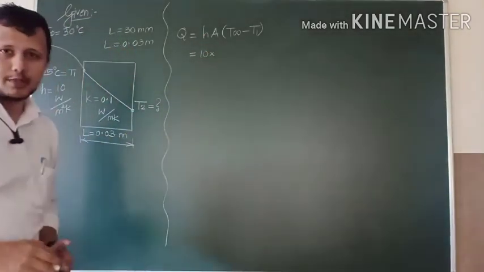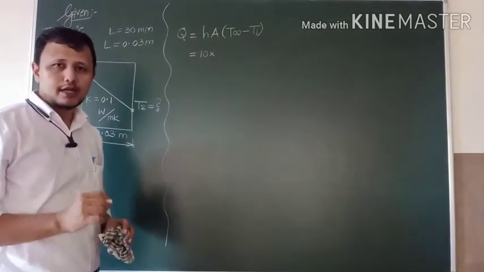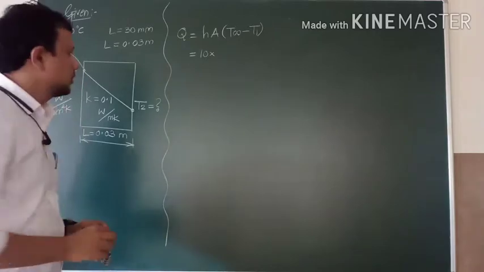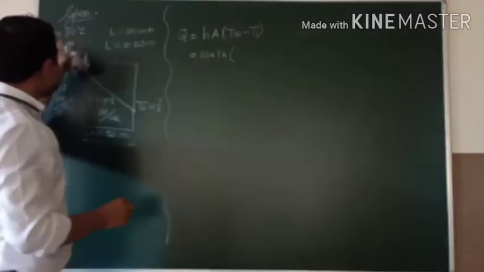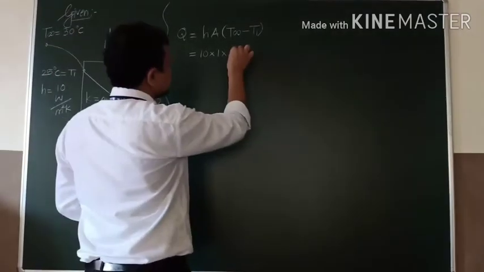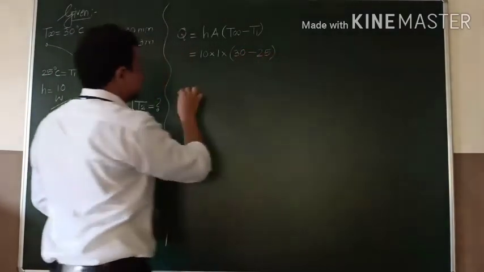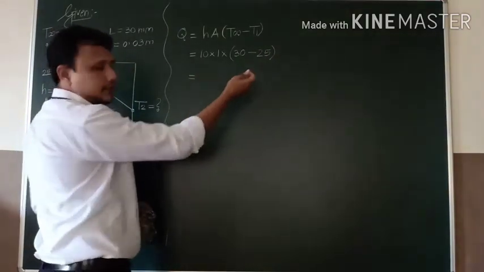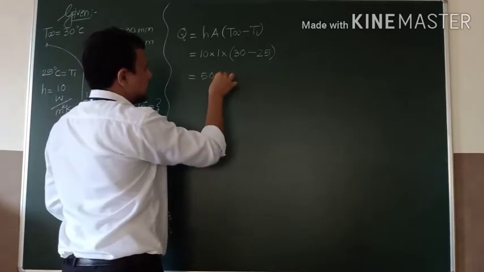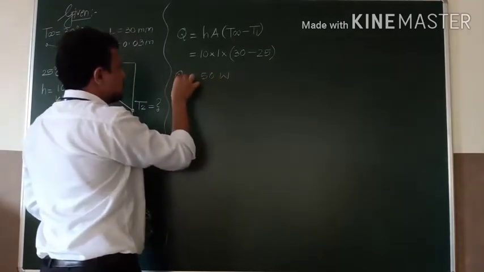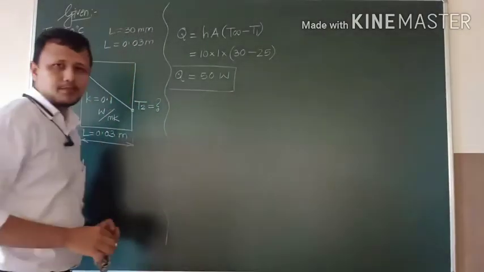One important aspect is that the area has not been specified, so we can assume the area to be 1 meter square. So this will be 10 into 1 into T infinity, 30, minus T1, which is 25. Ultimately, when we do the calculation, we get the heat transfer rate Q equal to 50 watt. That's our first answer.